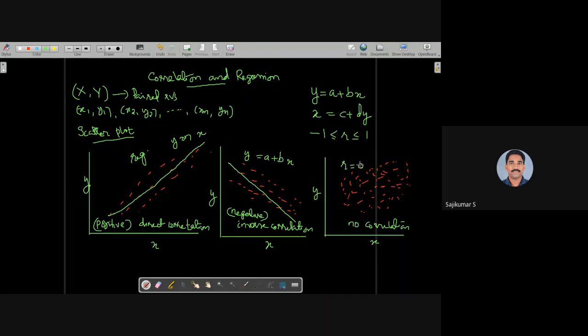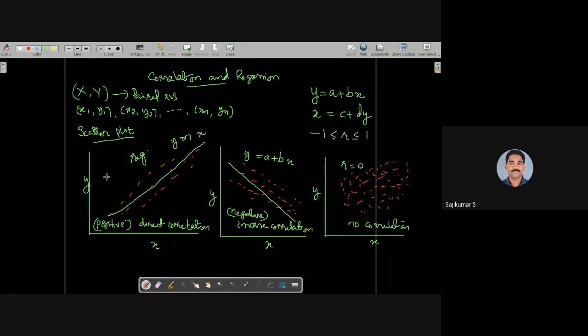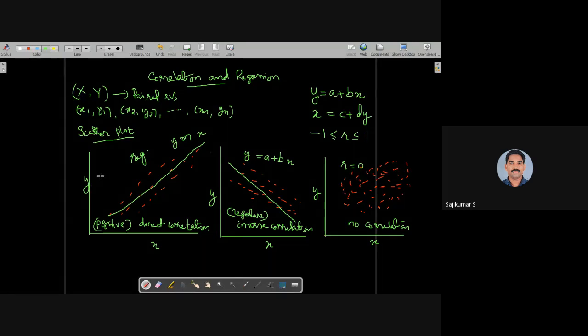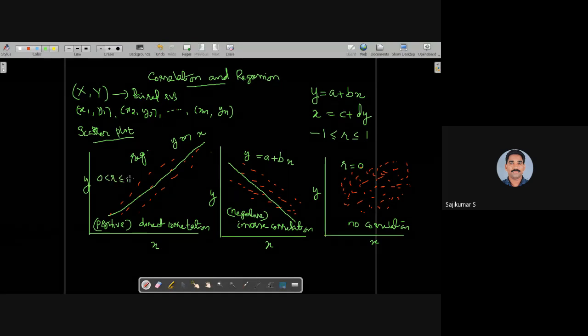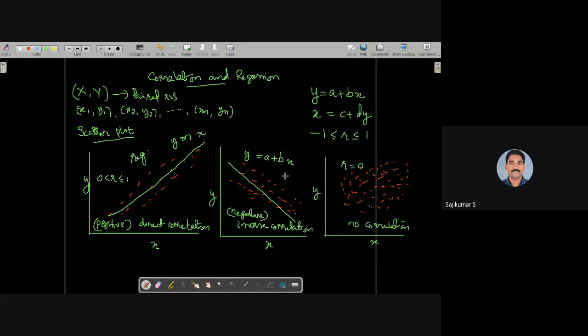But r equal to 0 only guarantees that there is no linear correlation. So this is the case in which the correlation coefficient lies between 0 and 1. This is the case in which the correlation coefficient lies between -1 and 0. And this is the third case when r is equal to 0.